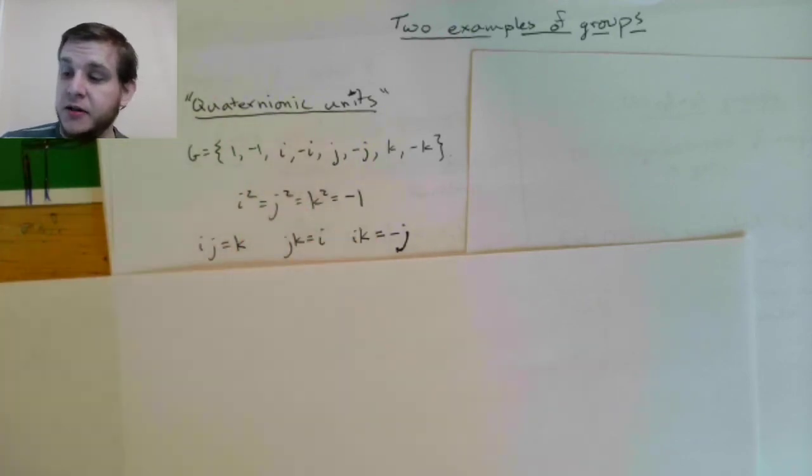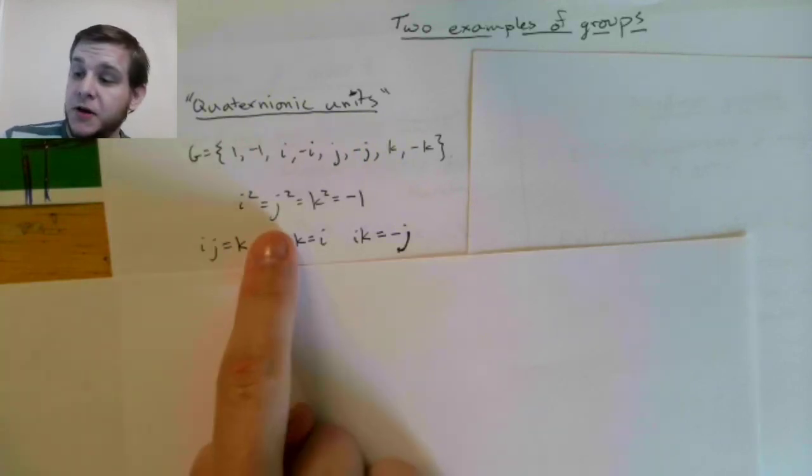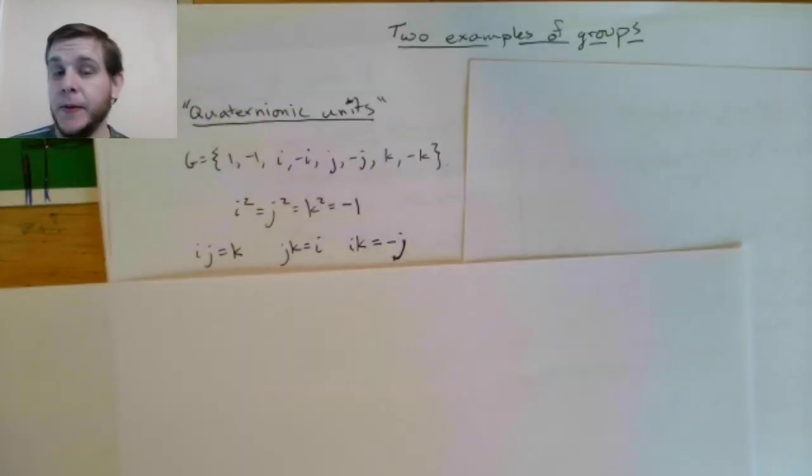Usually i cross i is equal to 0, so we don't want to do that in a group setting. So instead we're going to define i squared equals j squared equals k squared equals minus 1. And the reason that we do this is because we want it to act like the complex numbers, right?